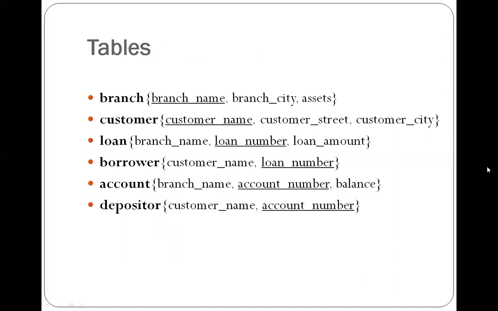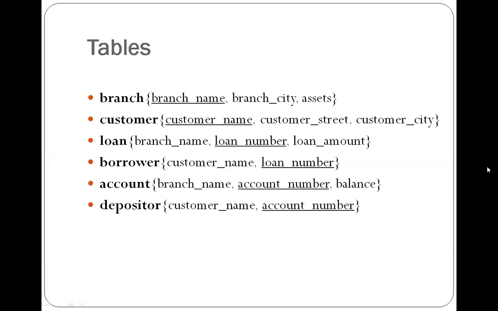Let's consider these 6 tables or relations on which we'll illustrate all our examples in the subsequent slides. What are these tables? Branch, customer, loan, borrower, account, depositor.